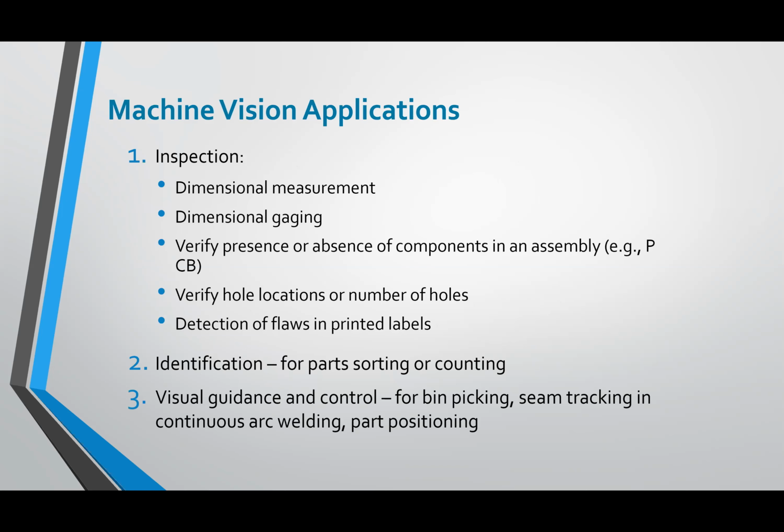So we can use a vision application for, as I said, the inspection. And these again are some of those items, whether it's presence or absence of something, location or number, flaws in labels, for sorting or counting, and then also visual controls.